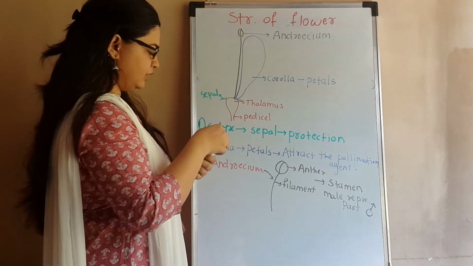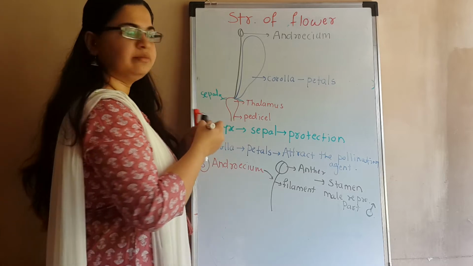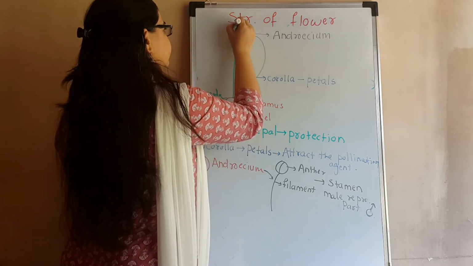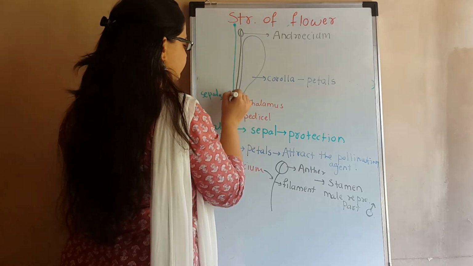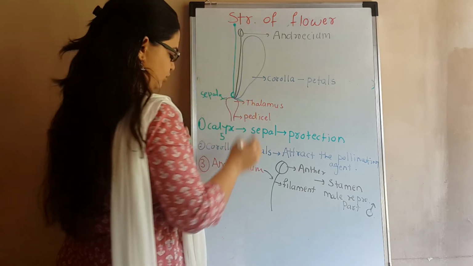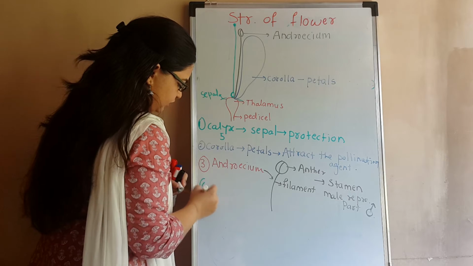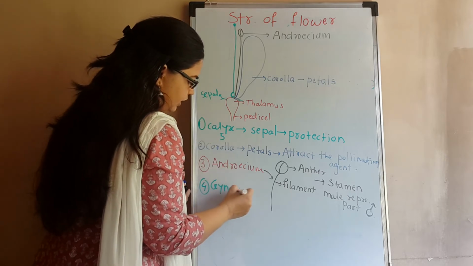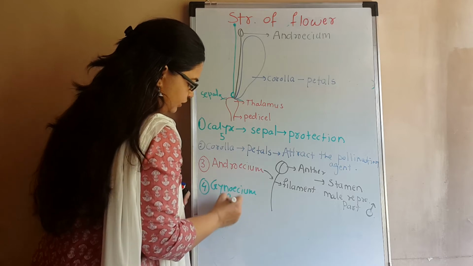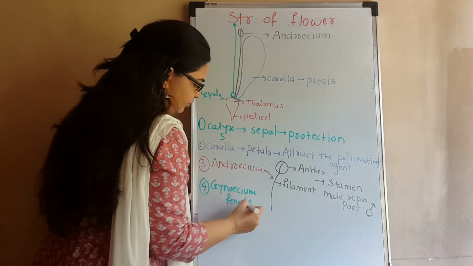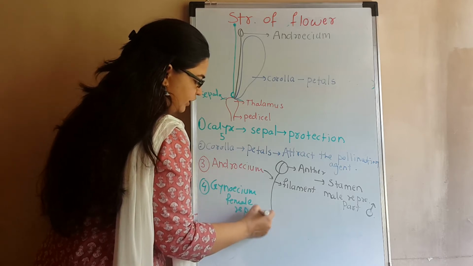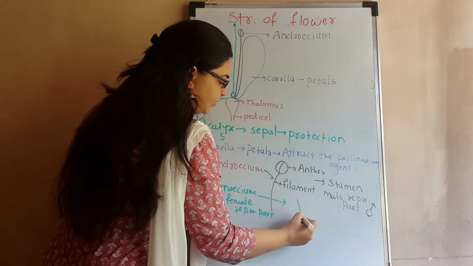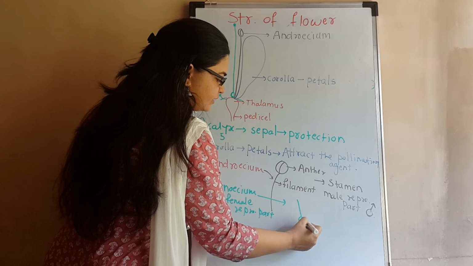Now next to the androecium there would be the gynoecium, like this. The gynoecium would be the innermost whorl of the flower. Gynoecium is the female reproductive part of the flower, and it can be represented like this.